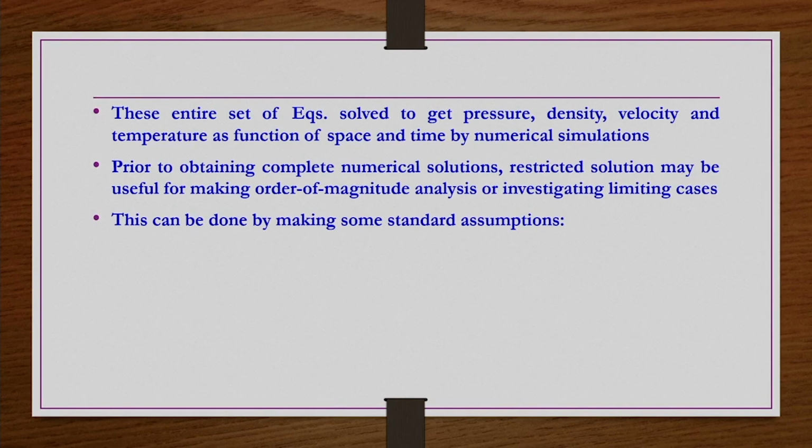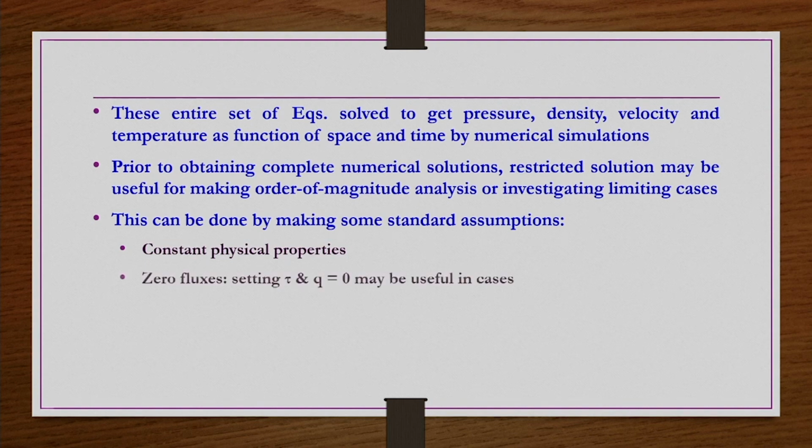Some of the standard assumptions very common to non-isothermal systems are that heat flux is 0, like in momentum transfer we can say the shear stress is 0 at a given location. Another is constant physical properties. Constant physical properties and 0 fluxes may be useful in many cases as standard assumptions.